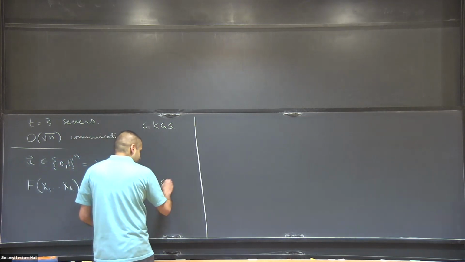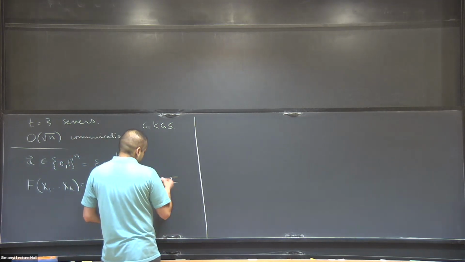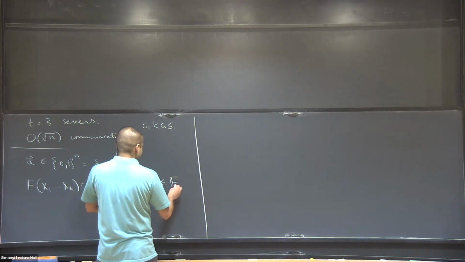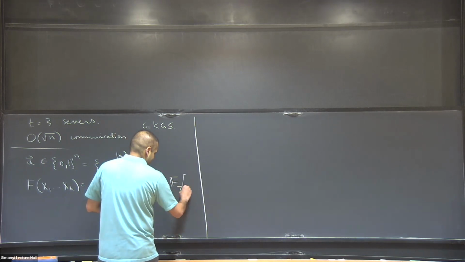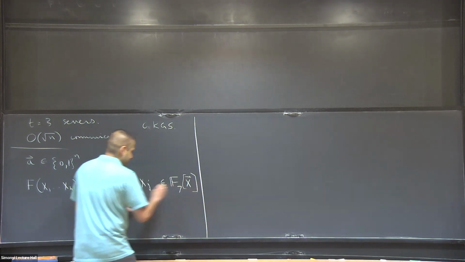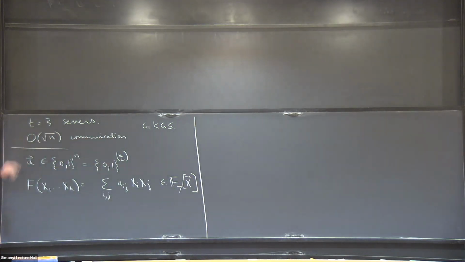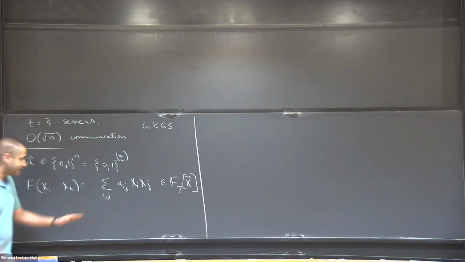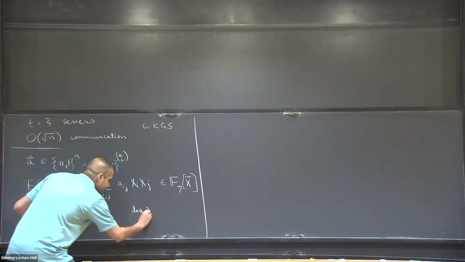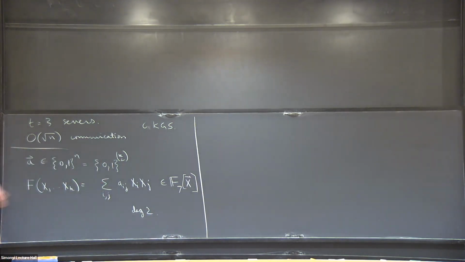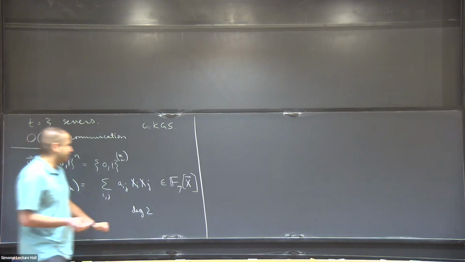This is a polynomial over some field; I will choose the field to be, let's say, F_7, just for fun. It's a quadratic polynomial, of degree 2. All this is just happening in our head for the moment, or you can think of it as the servers defining this polynomial for themselves.